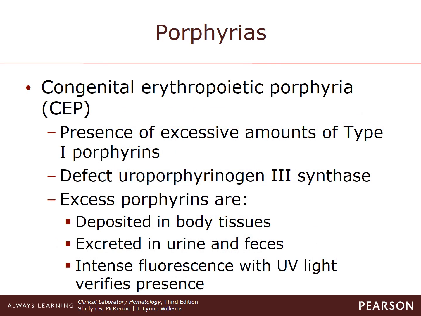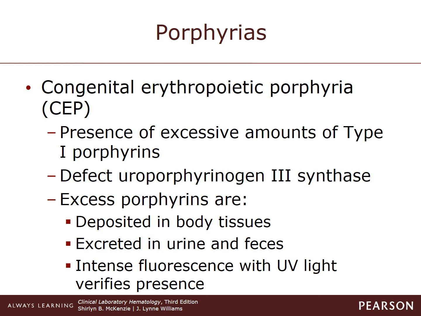Congenital erythropoietic porphyria has excessive amounts of type 1 porphyrins, where uroporphyrinogen III synthase is defective. So excess porphyrins are deposited in body tissue and excreted in the urine and feces, where intense fluorescence with UV light verifies its presence.